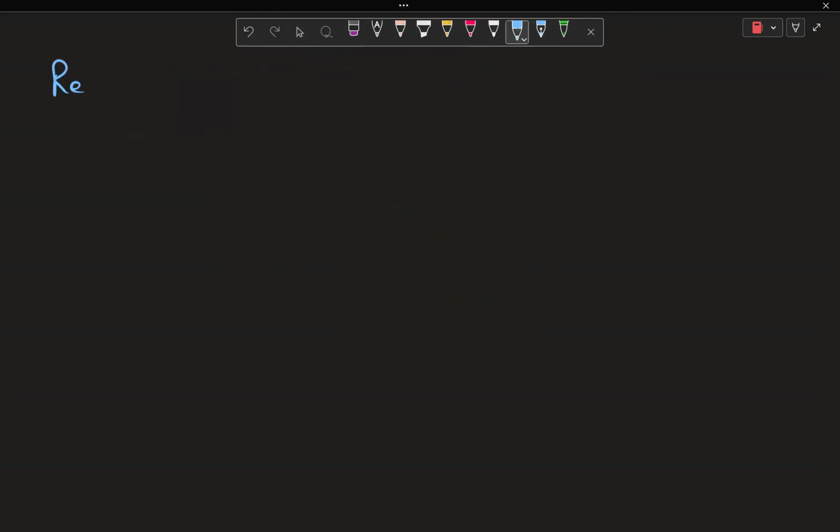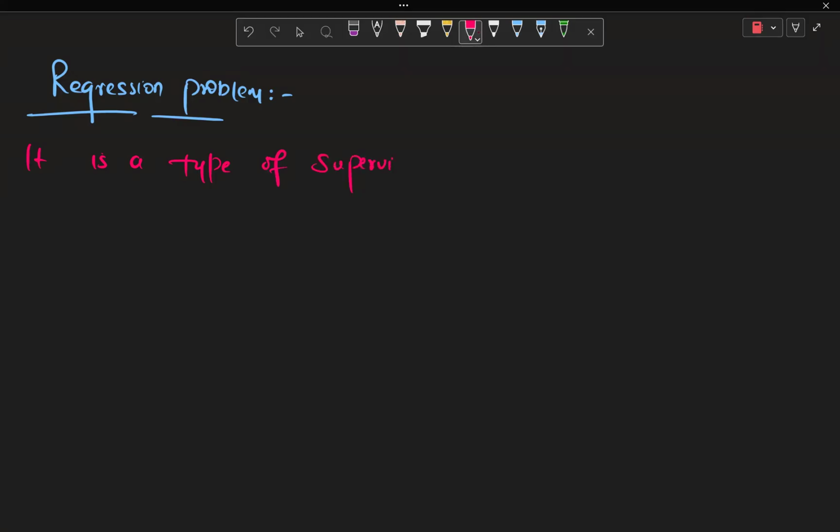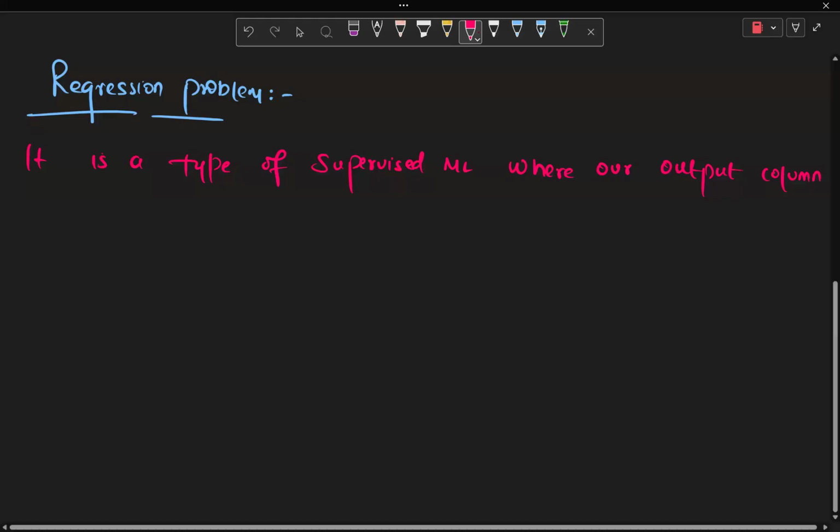So regression. The first point is, it is a type of supervised machine learning where our output column is continuous.